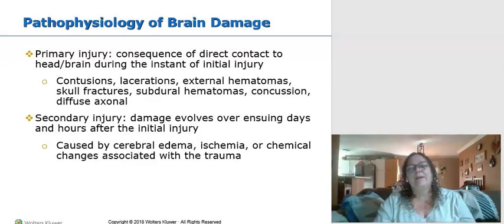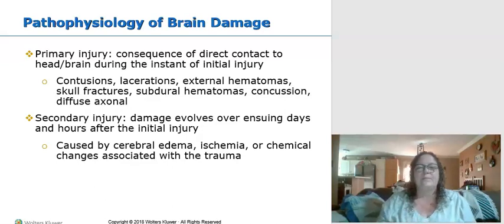So there's primary injury and secondary injury to the brain. The primary injury are consequences of the injury. So this happens immediately at the time of the injury, whether that be a skull fracture, subdural hematomas, concussions, diffuse axonal injury. These things happen immediately.